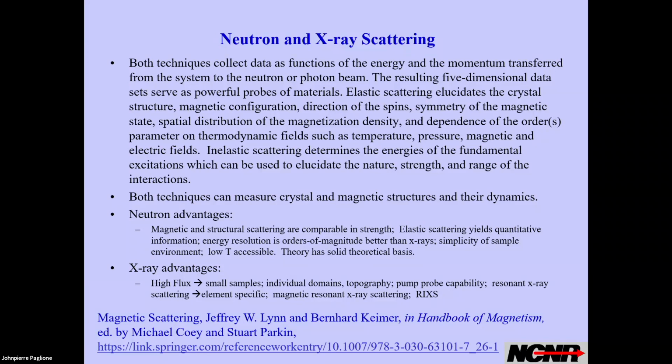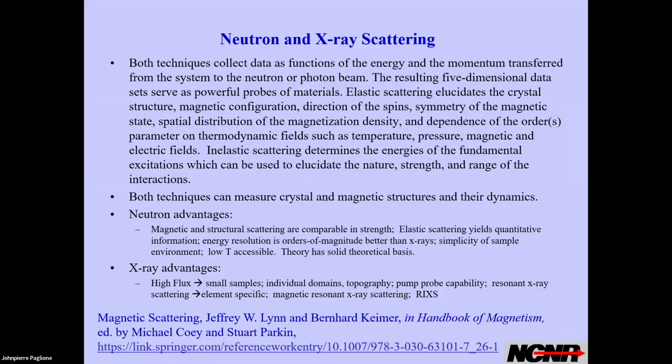The advantages of the X-rays, of course, is you have ultra high flux and very small size beams. So you can use small samples, you can use thin films, single atomic layers, you can study those. Do cryptography, you have the capability of doing probe capability for nonlinear.